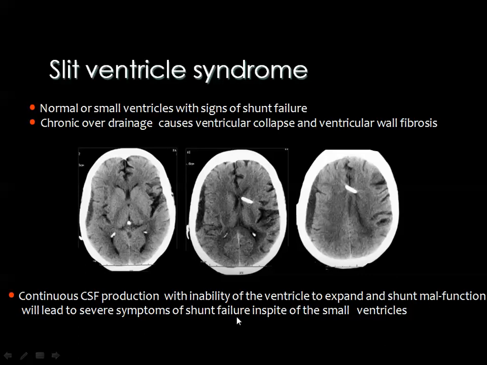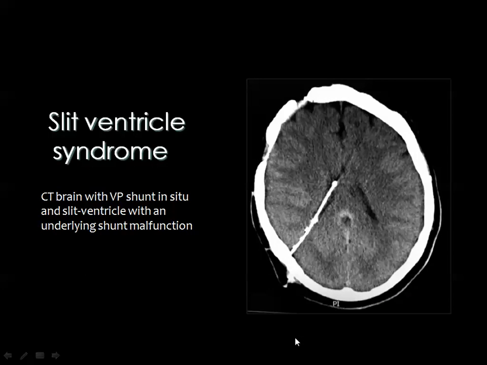And if the patient is not complaining, and comes only for follow-up of the shunt, whether it works or not, then you see the ventricles are collapsed, and this is not considered as a slit ventricle syndrome. So when do you consider that this appearance is a slit ventricle syndrome?